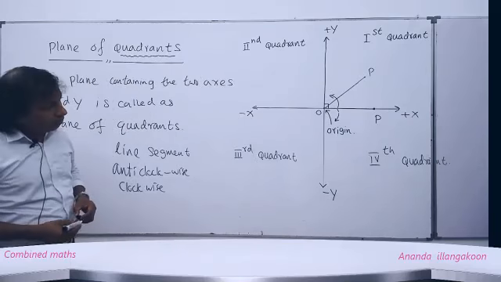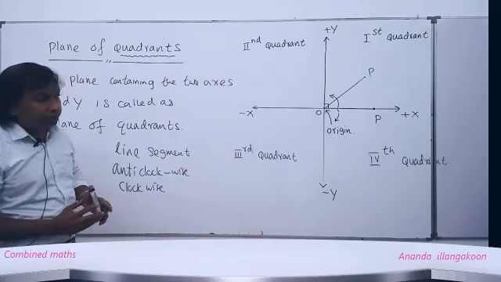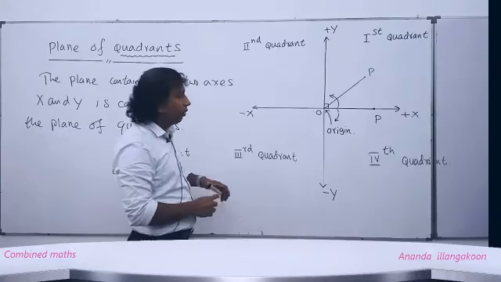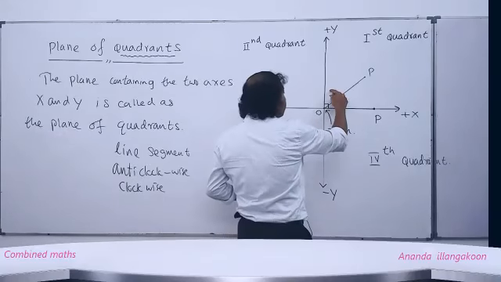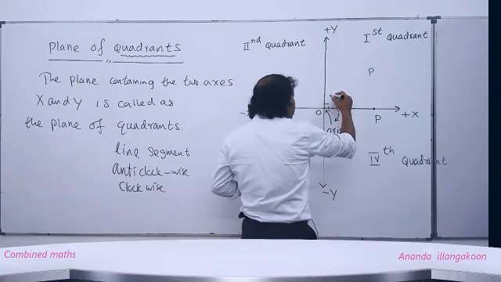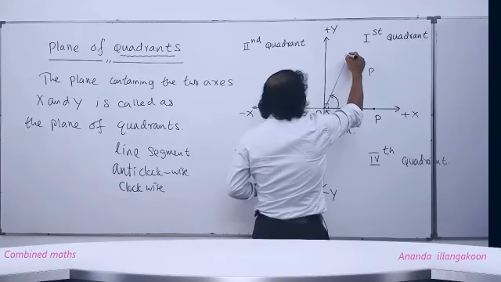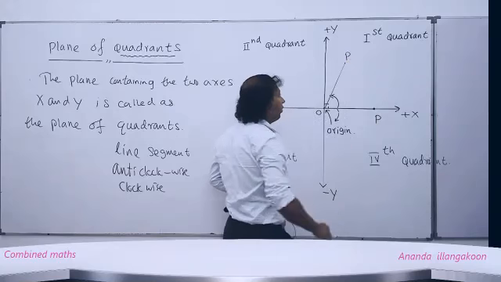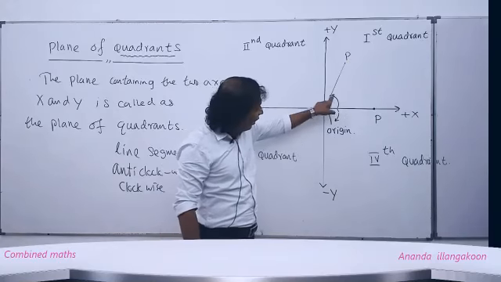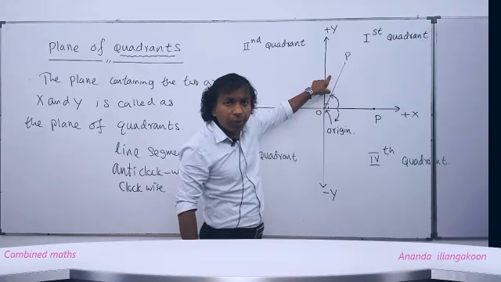Starting from the initial position, suppose OP rotates in the anticlockwise direction, and then I stop it and bring it to this position. This is OP. Then you can very clearly see, people, an angle is opening between the positive x-axis and OP.